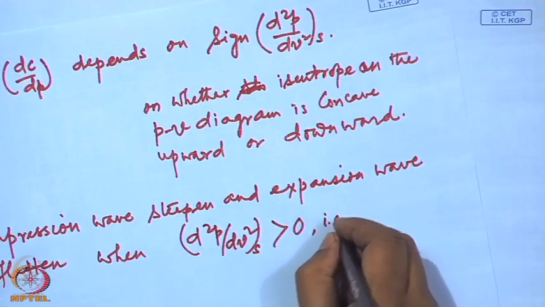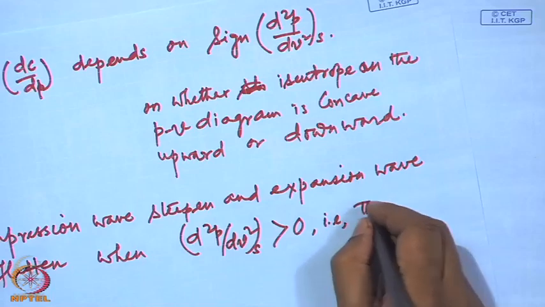That is, the isentrope is concave upward.